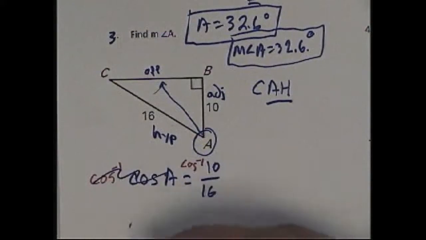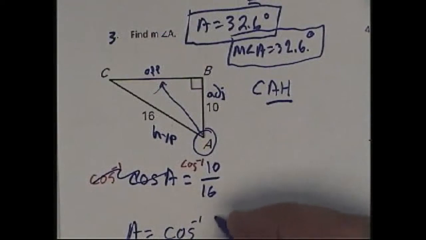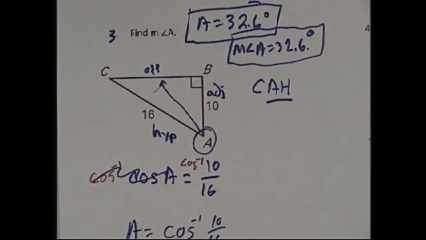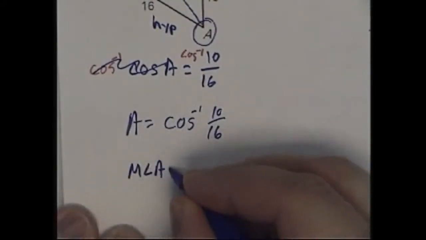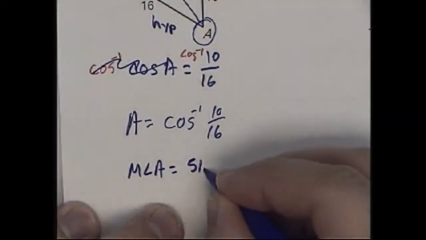They cancel each other out, leaving us with just A is equal to the cosine inverse of 10 over 16. Second cosine, make sure you got that little -1, which stands for inverse. 10 divided by 16. And the measure of angle A is 51.3.